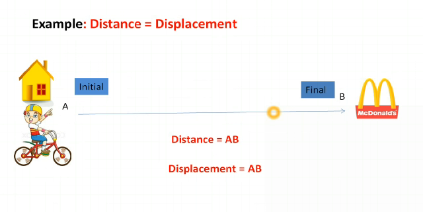So what we conclude from this: the first thing is, when we talk of distance, the path actually followed by the object matters. But when we talk of displacement, the path followed doesn't matter. It's only determined by initial and final positions.